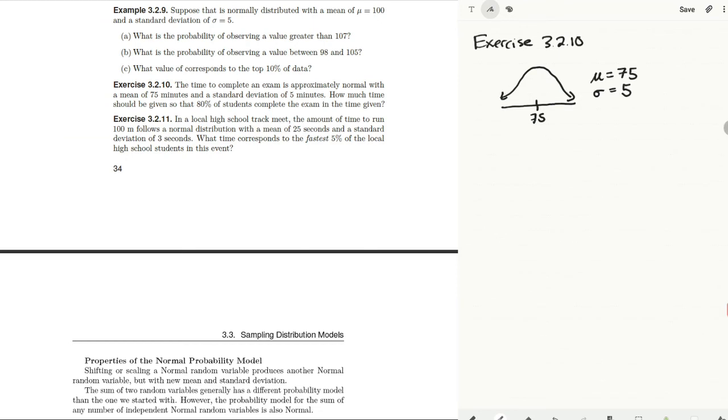So we're looking for the time y such that the area to the left is 80% or 0.8. So like in the previous example, instead of working with this model, let's start with the standard normal curve.